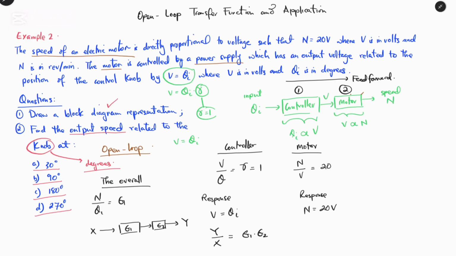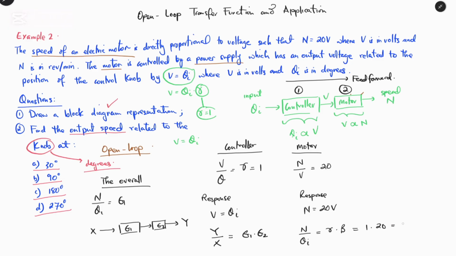And from our example, we can see that N over theta I is equal to alpha dot beta. We said that sigma is equal to 1 and the beta is equal to 20.